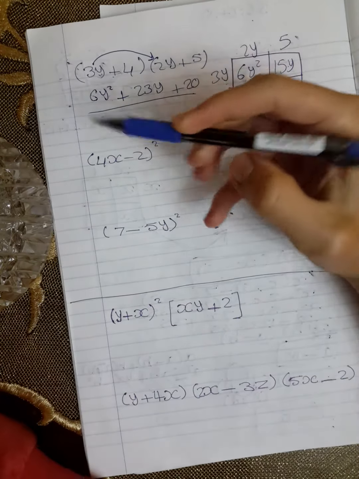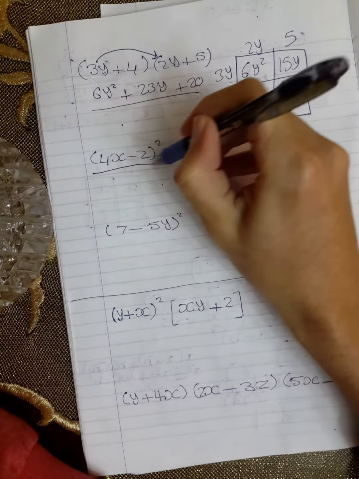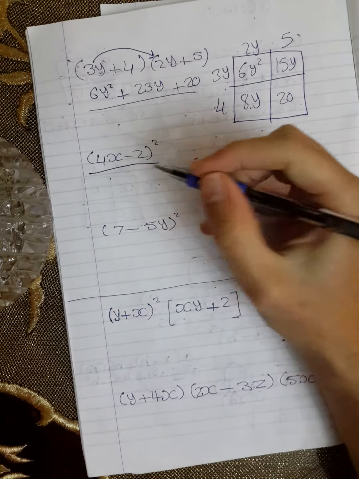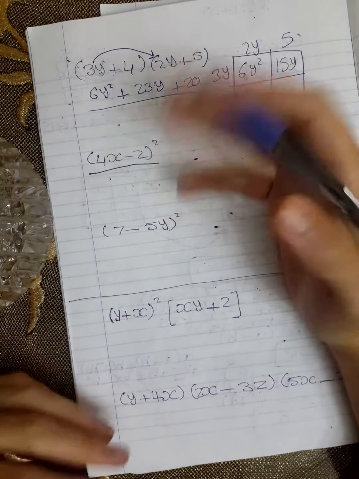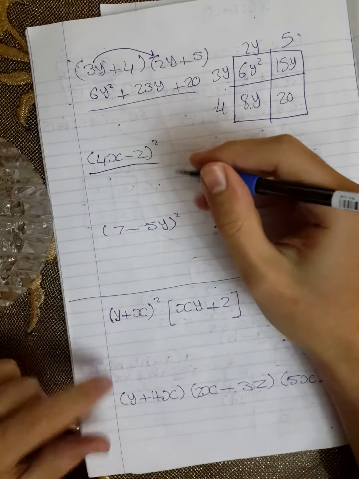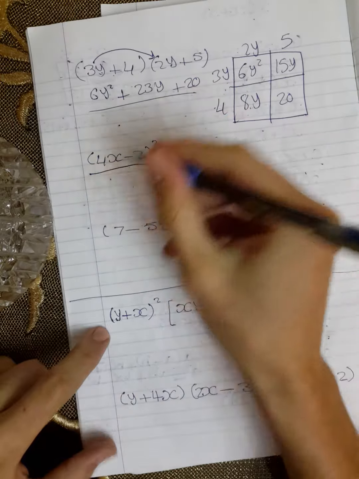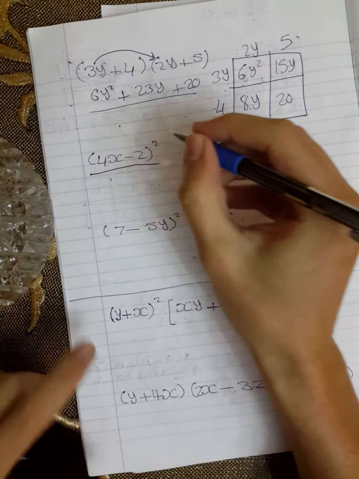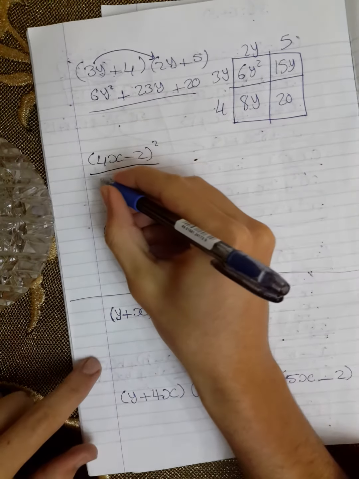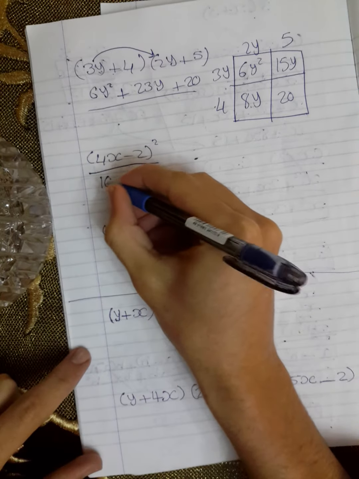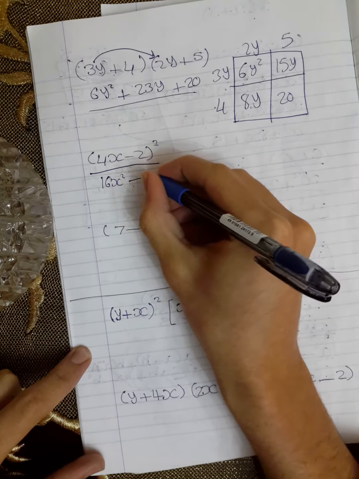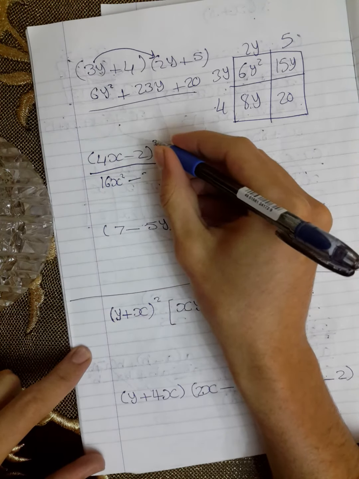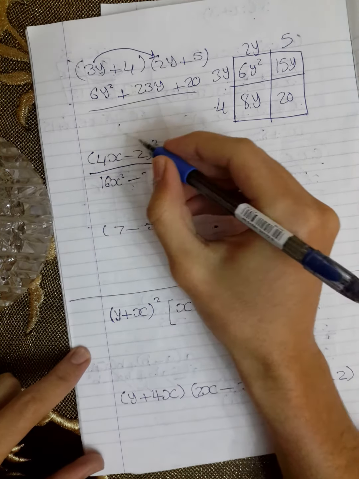Okay, here is another idea. It's a bracket power of 2. In case you don't know how to expand a bracket power of 2, you just simply do this. It's 4x minus 2, the first term squared and the second term squared.